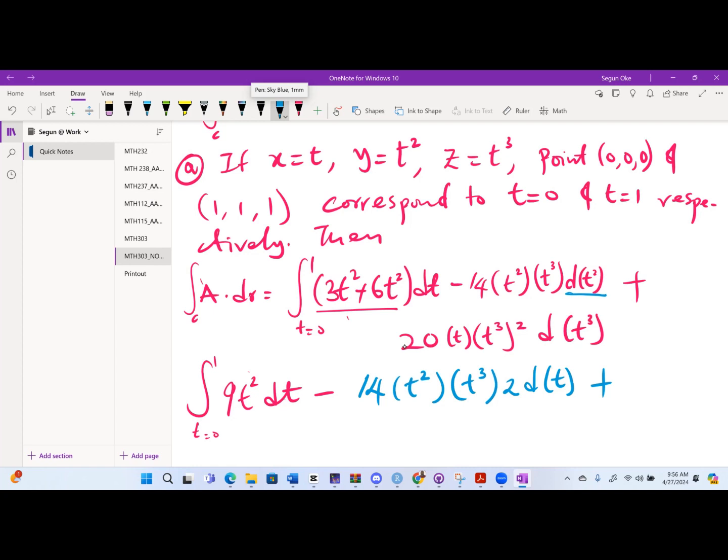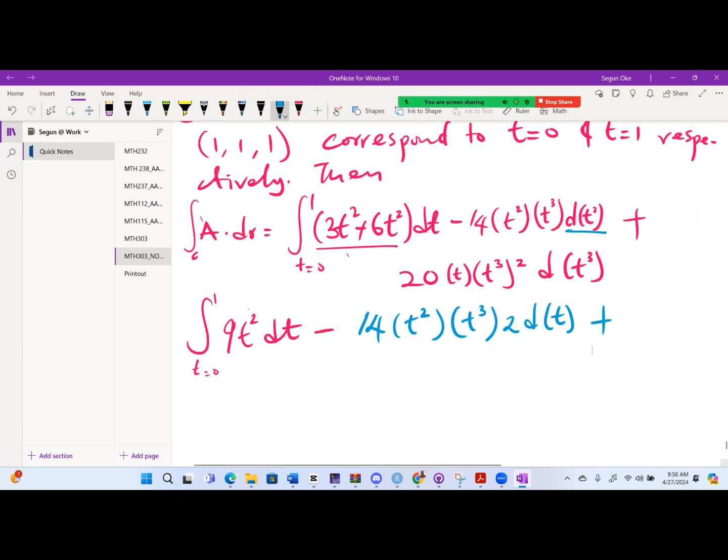who can tell us what this one will be now? 28t raised to power... No, the next one. We have to differentiate this one. T raised to power 6. Then 2 dt. Is it 2 raised to power 6?